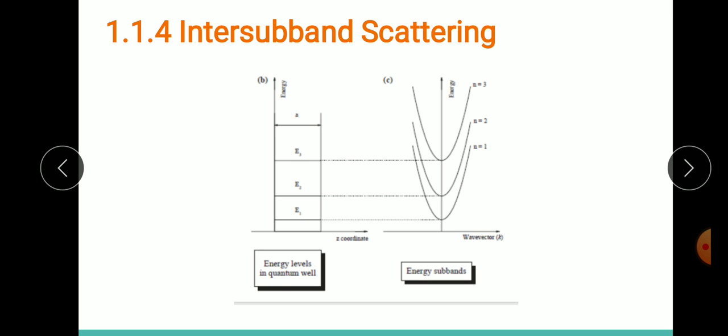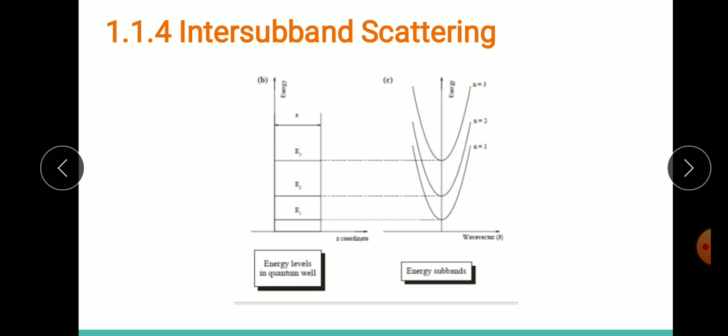We have quantized energy levels E1, E2, E3, and the corresponding subbands, just as shown here. Say when your electron concentration is very large in the well, the energy levels greater than E1 will obviously get filled because your electron concentration is pretty high.